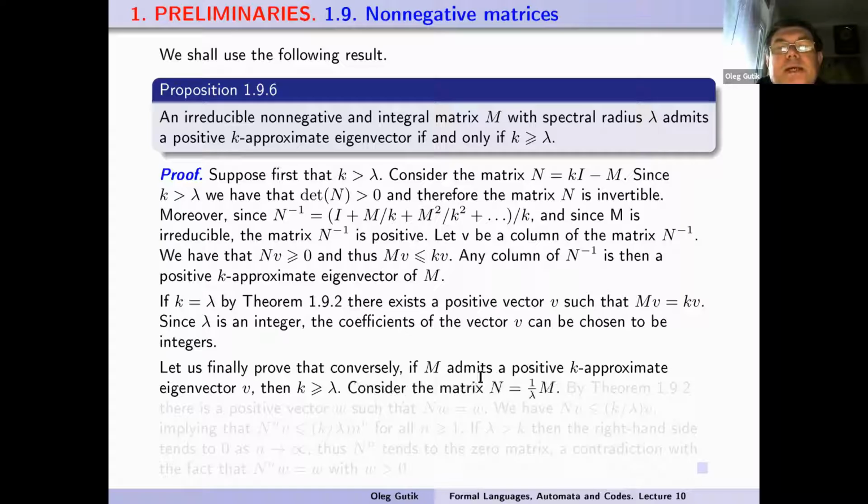Consider the matrix N, which is the matrix M multiplied by the value inverse to lambda.